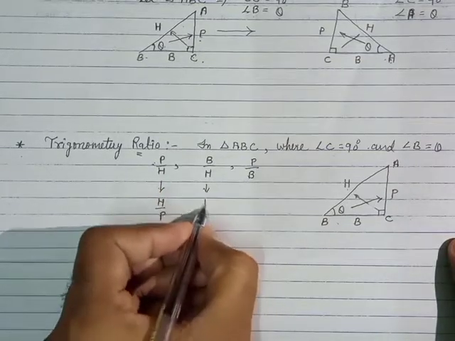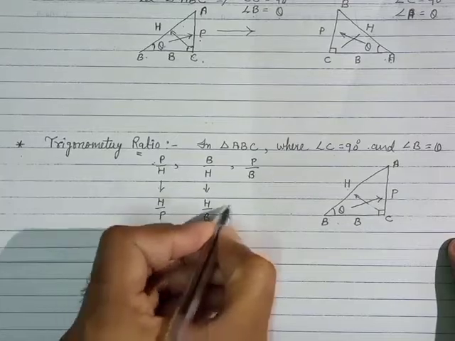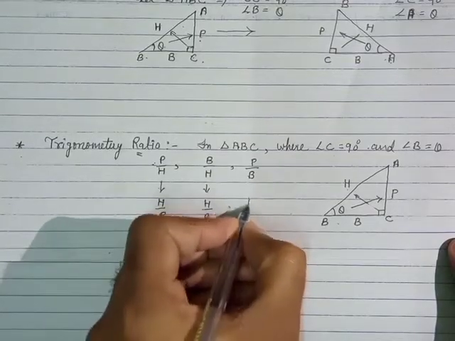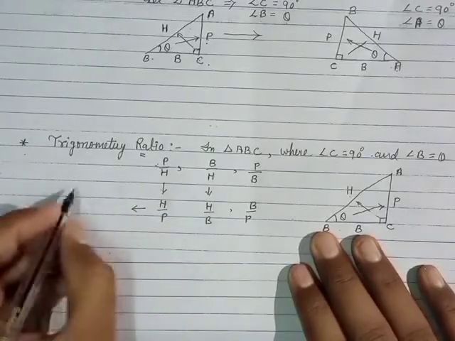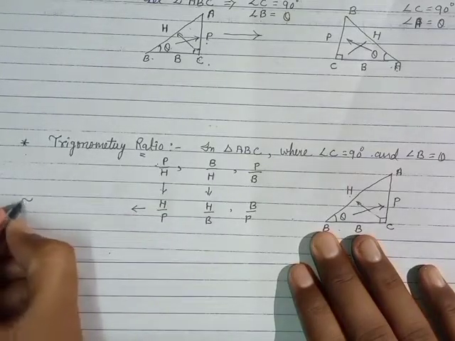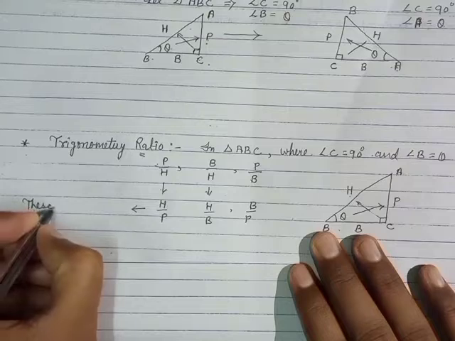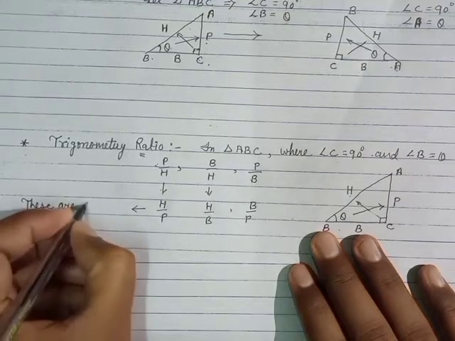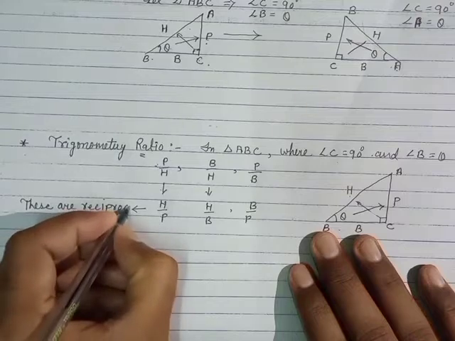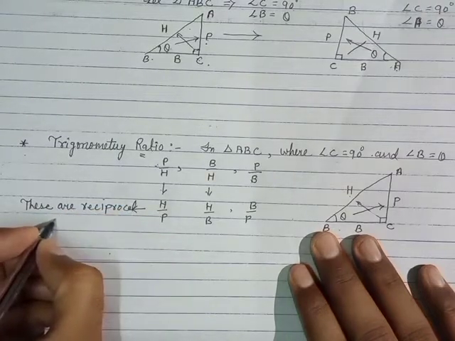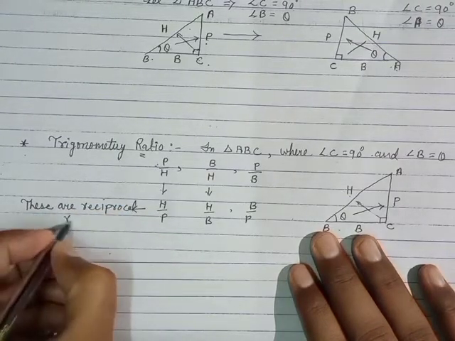Second is hypotenuse upon base, and third is base upon perpendicular. These 3 ratios are the reciprocal ratios.